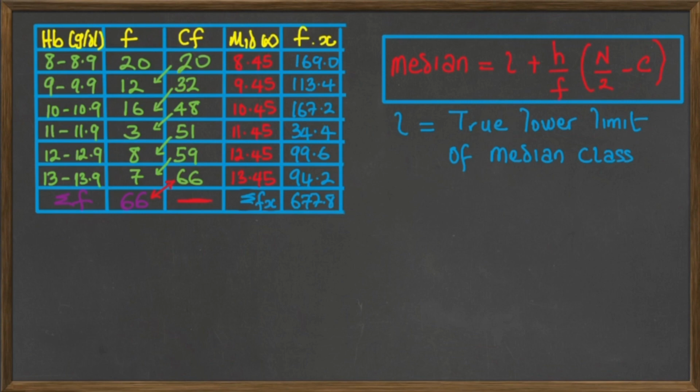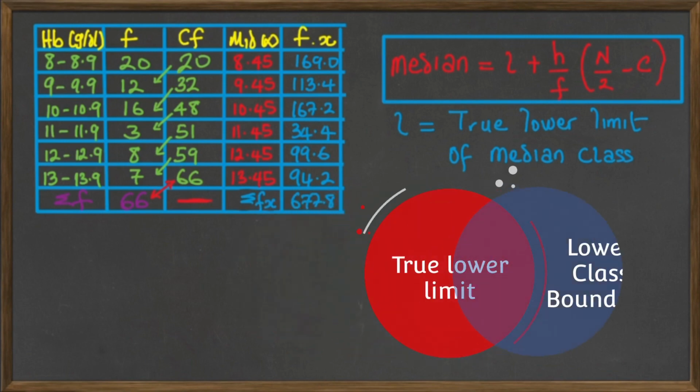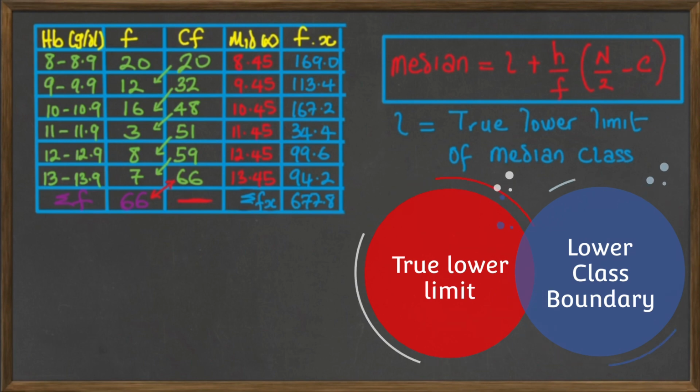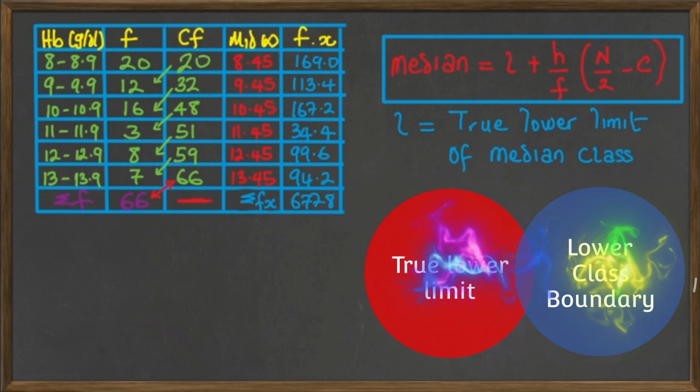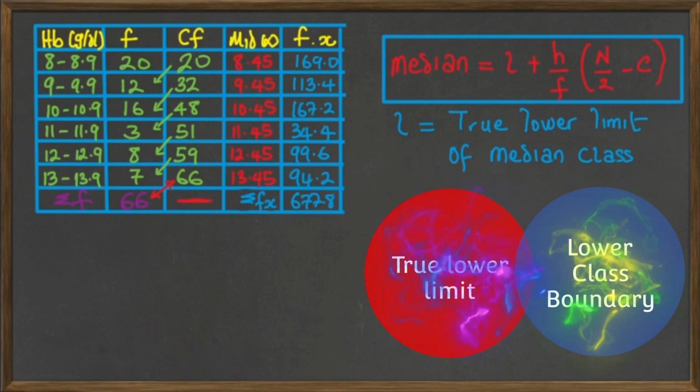Here there are differences of opinion among the scholars depending on the kind of data that you have, but most often than not, to be on the safe side, I advise you to use the true lower limit of the median class. That's the lower class boundary. You'll be seeing some other scholars maybe online using the lower limit. No, but the correct thing to use is the true lower limit, and that is the same thing as the lower class boundary. I hope this is clear.